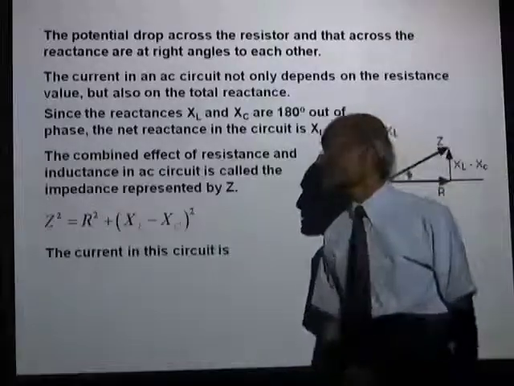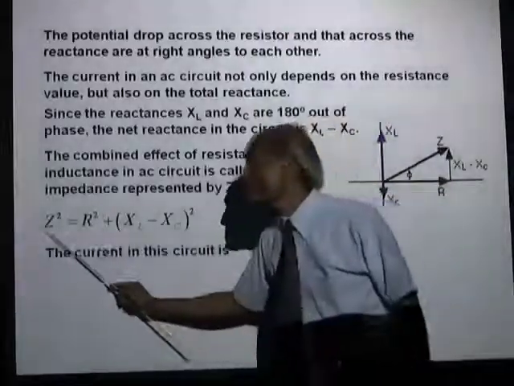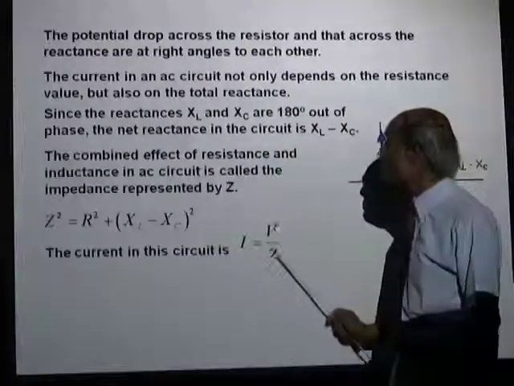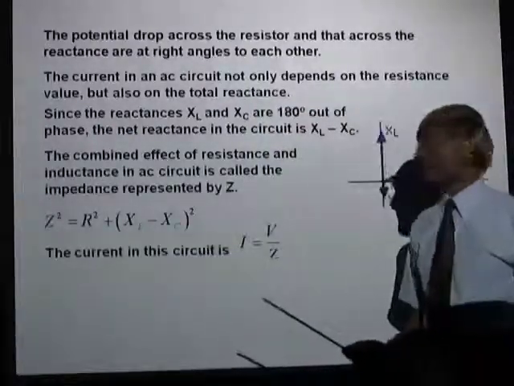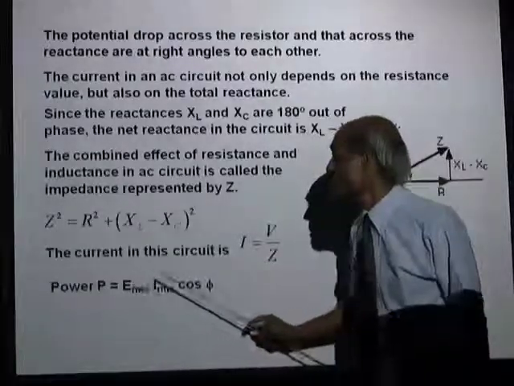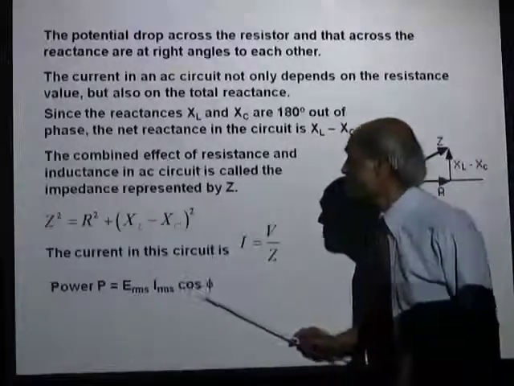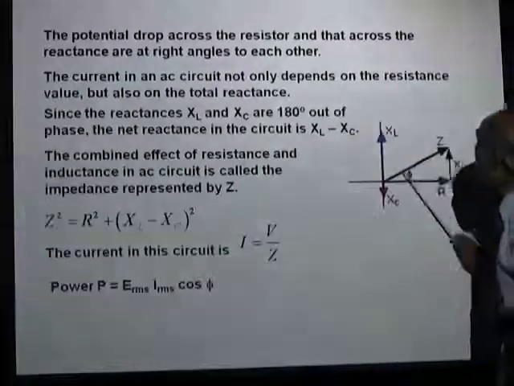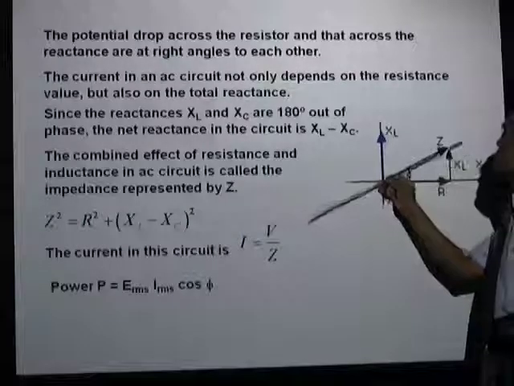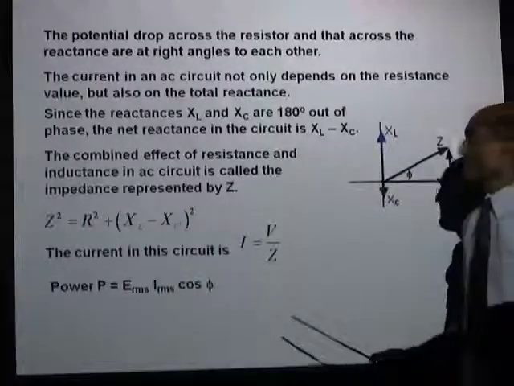And what is the current in the circuit? The current is determined by the impedance. So that will be I equal to V over Z. Power P is ERMS times IRMS cos phi, where phi is the angle between the resistance and the impedance.